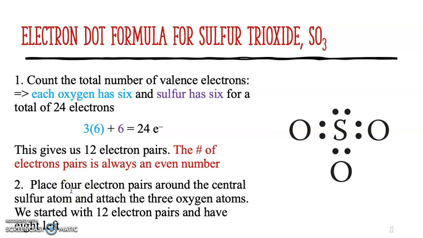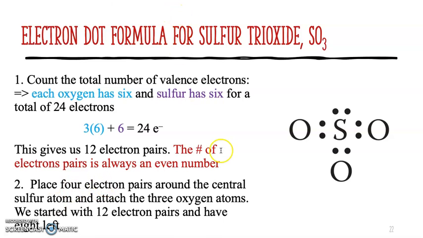Then place 4 electron pairs around the central sulfur atom, and attach the 2 oxygen atoms around the sulfur. We start with sulfur, place 4 electron pairs around it, and then fill in the remaining electron pairs around the oxygens. You start with 4, out of a total of 12, which means you have 8 left.